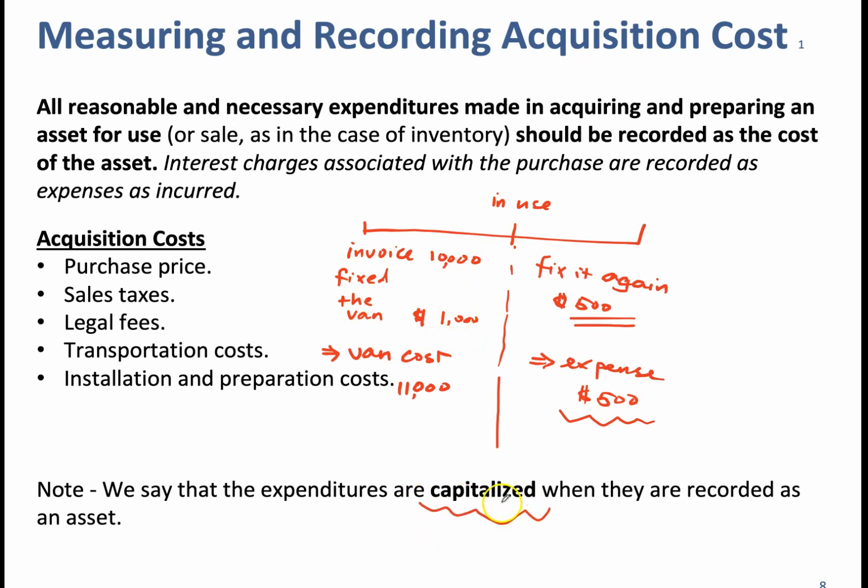Capitalized means it's included in the fixed assets. Rather, if the fixing happens after it's in use, it will be counted as an expense, not capitalized.